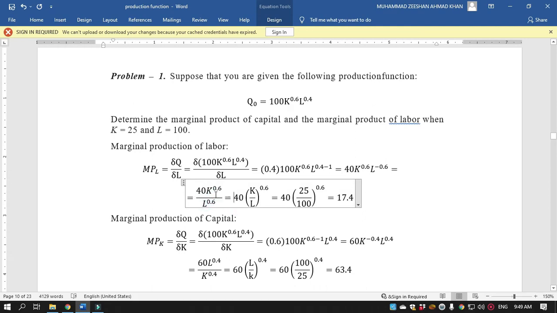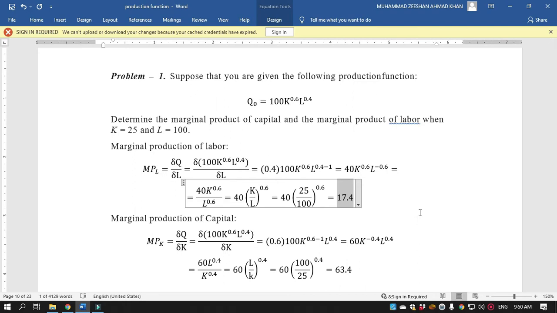Here we can simplify this, since 0.6 is the same power for numerator and denominator. We can take it to one common parenthesis, and here we can put the given values of capital and labor. Capital is given as 25, labor is given as 100, and by putting the values we can calculate the marginal output for labor.